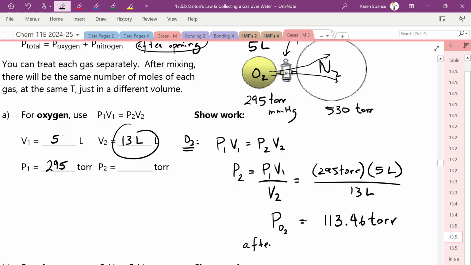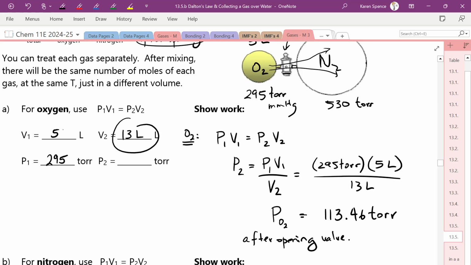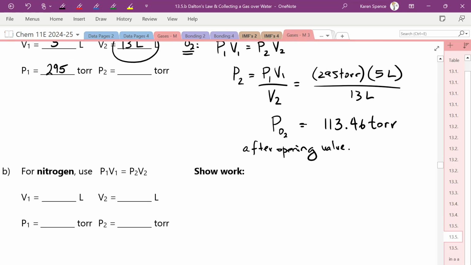And then you do the same for nitrogen. I'll let you guys do that. I'll do it up here and you can check your work with me, see if I do it wrong, which I probably will.